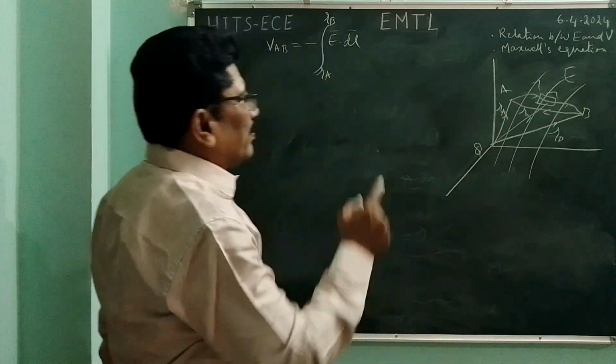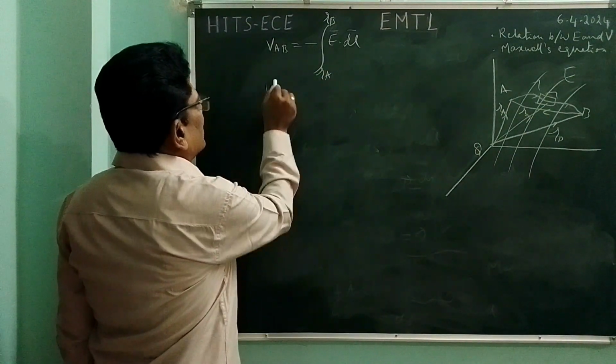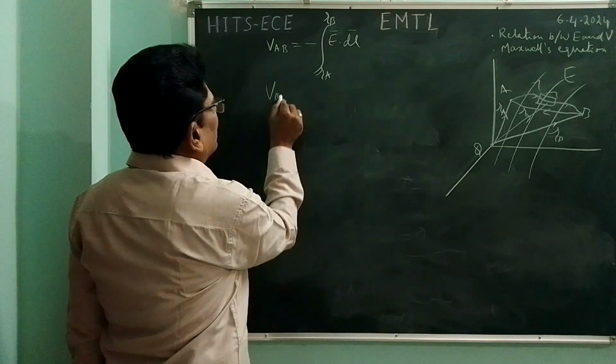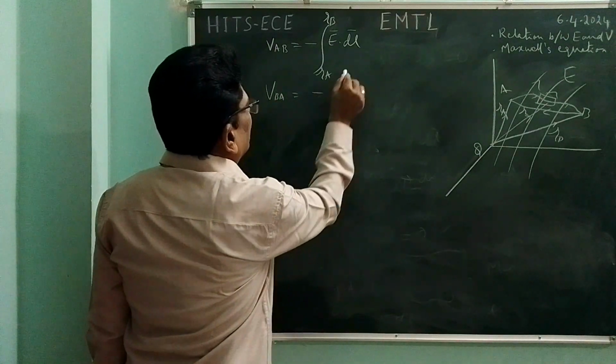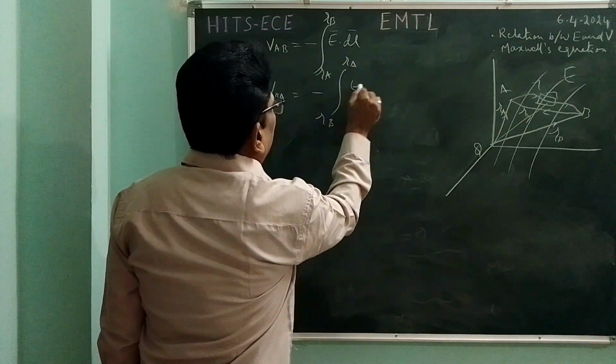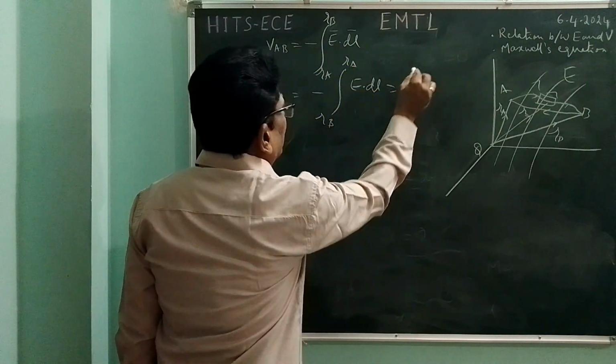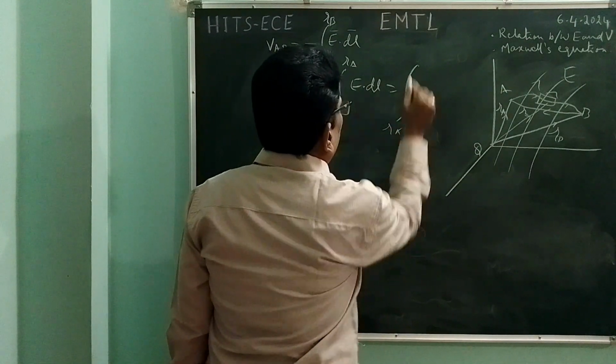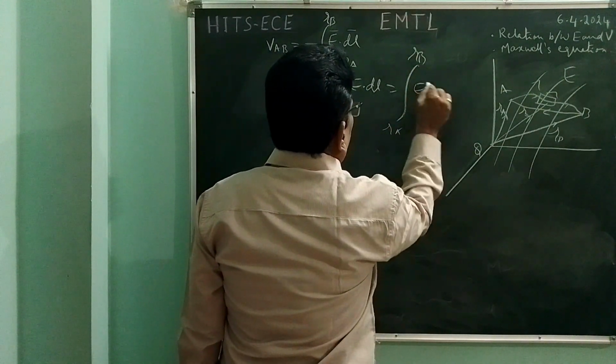From B to A, the potential difference between B and A is minus integral RB to RA E dot dl, which is equal to integral RA to RB E dot dl.